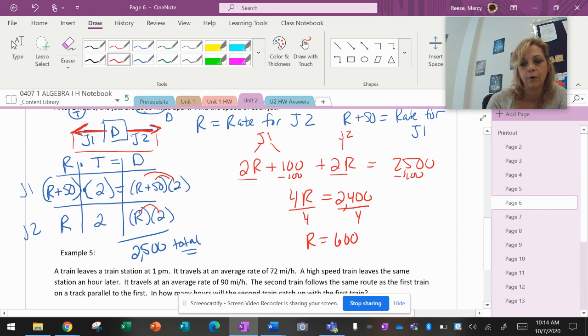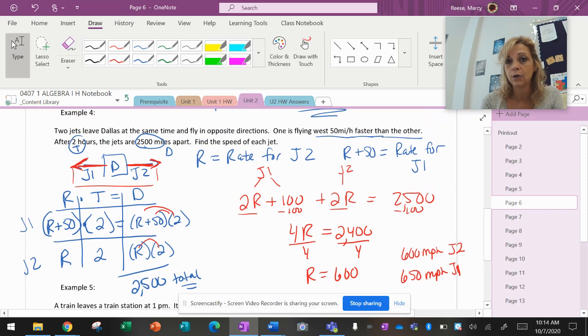So be careful. What I determined though, right, was that R is jet 2. So 600 miles per hour for jet 2. And then jet 1 is 50 miles per hour faster.